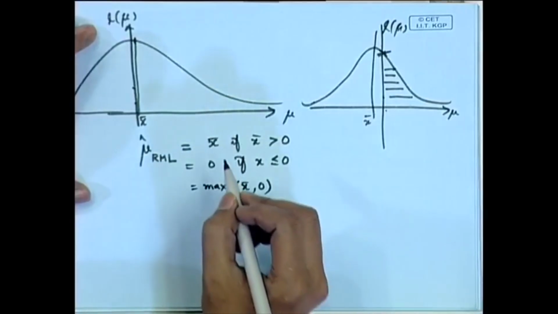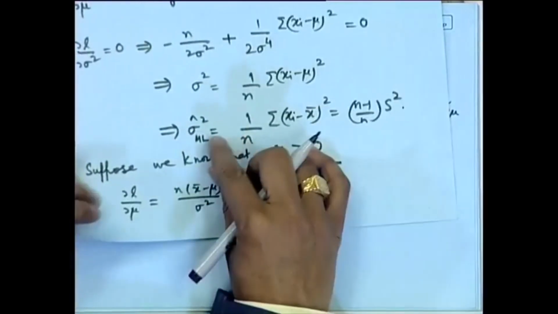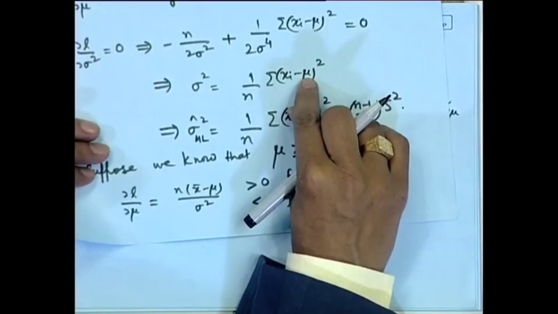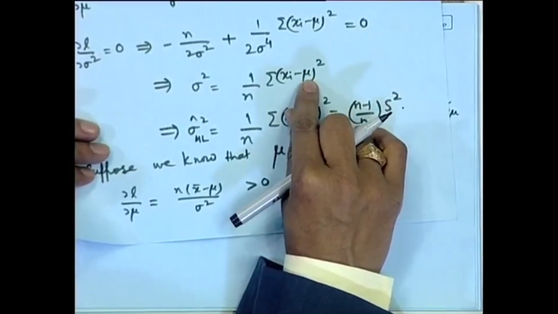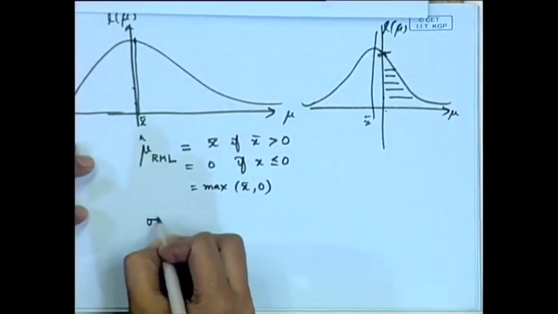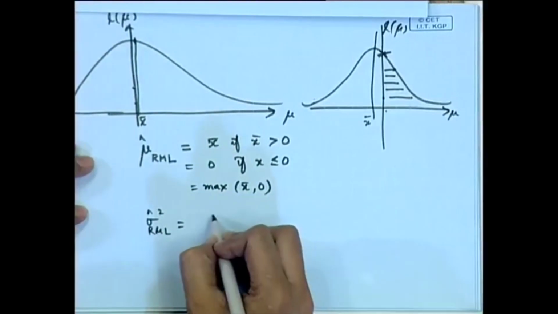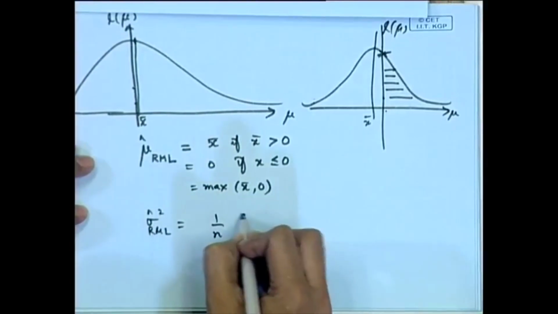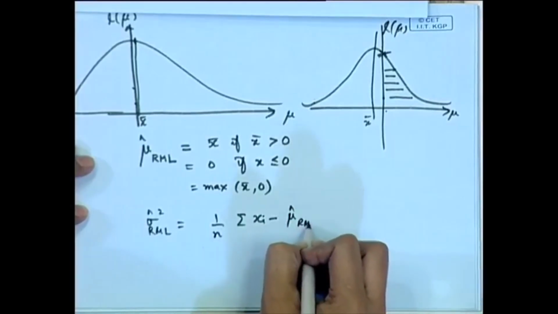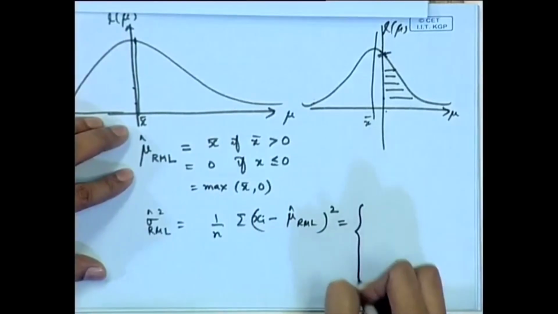Now, is there any effect on the estimator for sigma square? The answer is yes, because the maximum likelihood estimator for sigma square was obtained by substituting the estimator for mu in this second likelihood equation. So, we will get sigma hat square ML as 1 by n sigma x i minus mu hat R ML whole square.